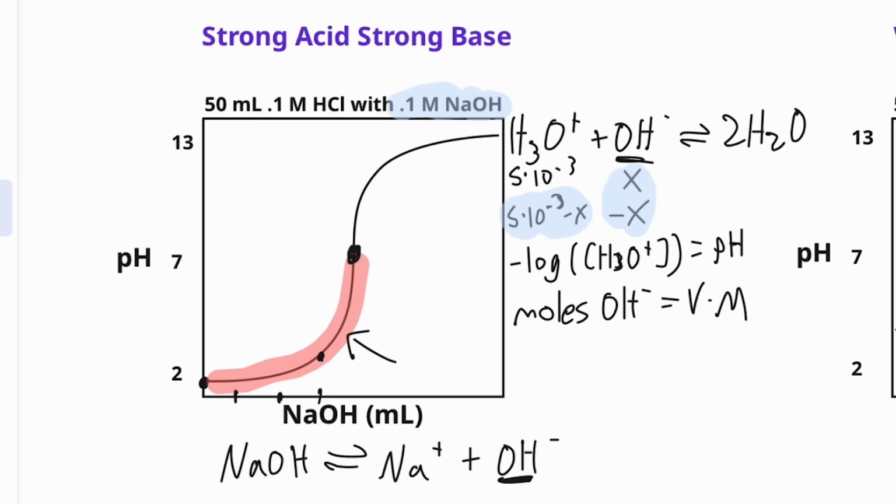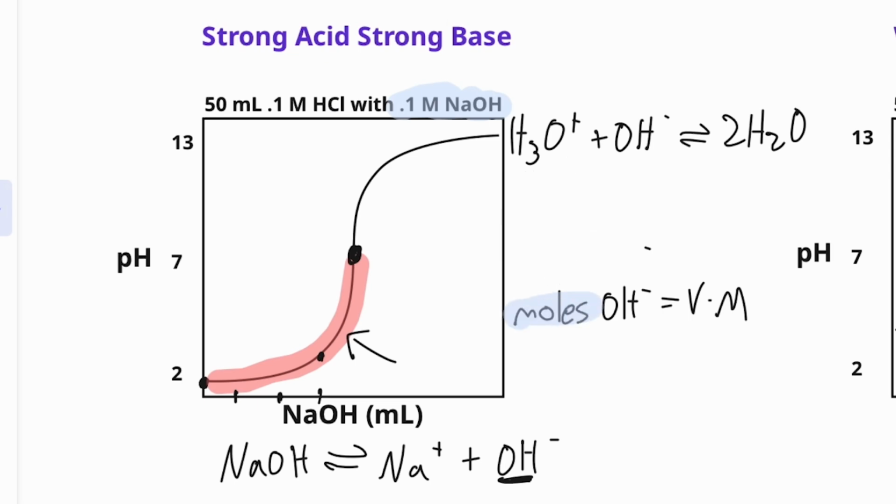Once we hit the midpoint of the steep slope, we have reached what's called the equivalence point. At the equivalence point, the exact same reaction is happening that we already have written, but there's something special happening with the amount of OH minus that we added. However many moles of OH minus that were added, which you can calculate this exact same way, will be equal to the number of moles of acid that were in solution.